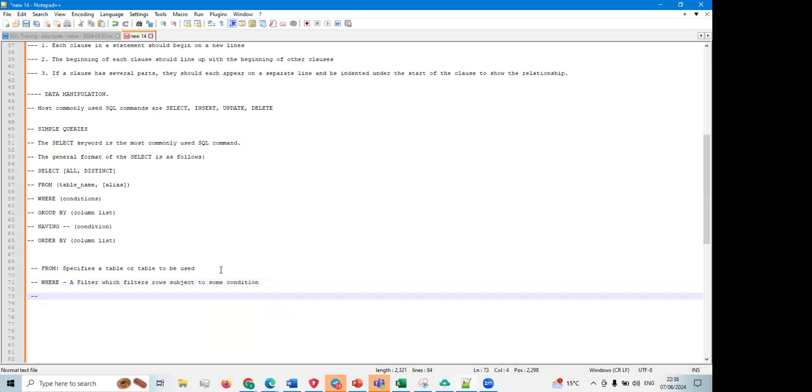Now group by forms groups of rows with the same column value.